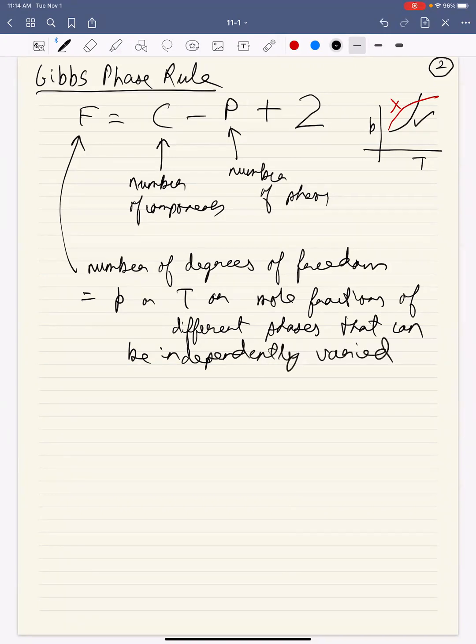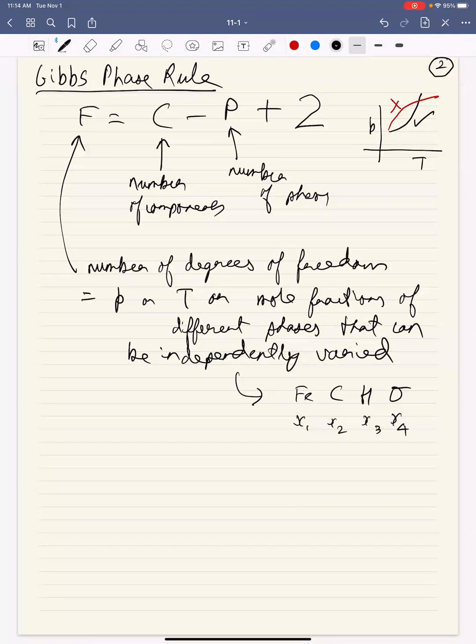Effectively, all of these are intensive variables, right? Mole fraction is an intensive variable, pressure is an intensive variable, temperature is an intensive variable. And I wrote mole fractions in all different phases because if you have a 5 component system, for example, a system made up of iron, carbon, hydrogen, oxygen, you would have mole fraction of iron, X1, X2, X3, X4.